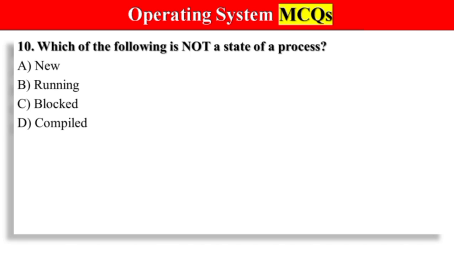Question number 10. Which of the following is not a state of a process? A. New. B. Running. C. Blocked. D. Compile.